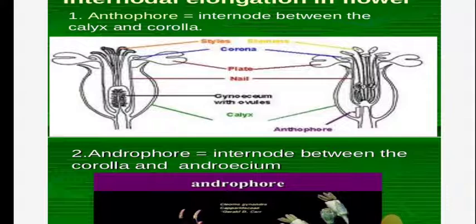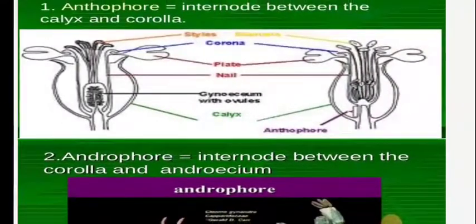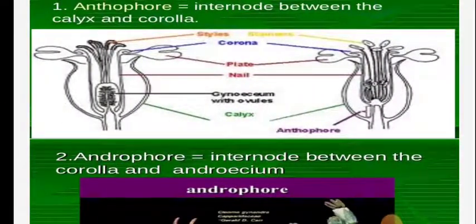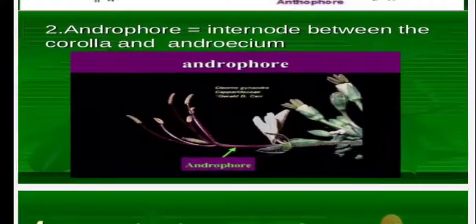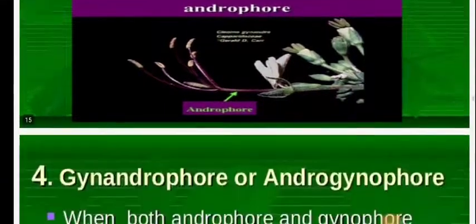Here you see the right-hand photograph; at the base the anthophore is there. Then androphore means the internode between the corolla and androecium. You see this diagram in some example. So these terms are important: anthophore, androphore.